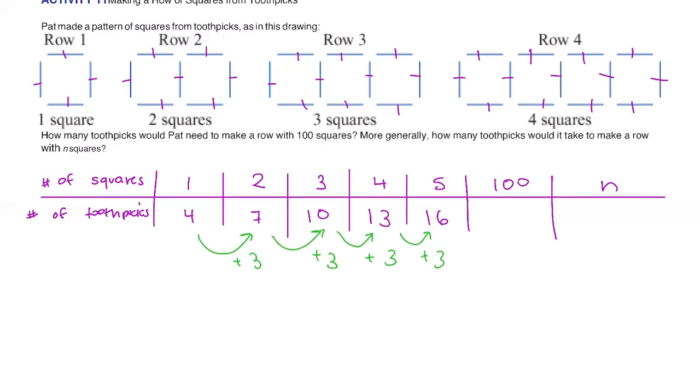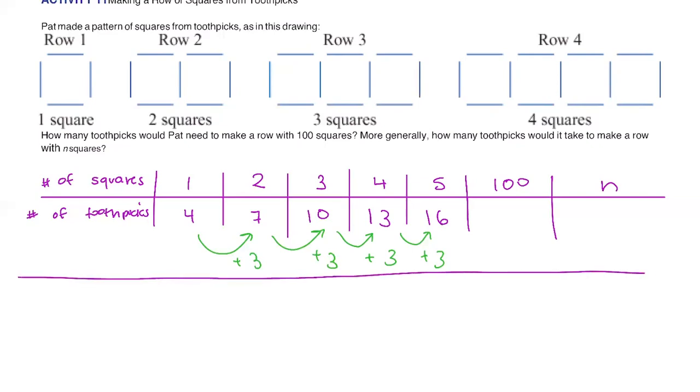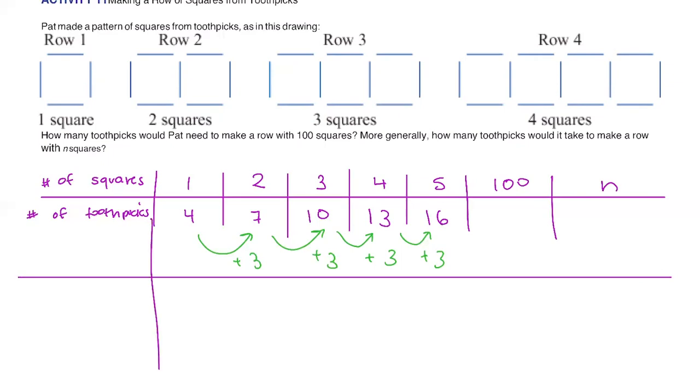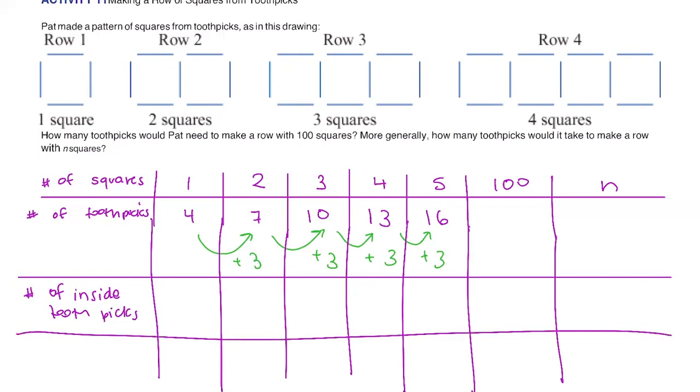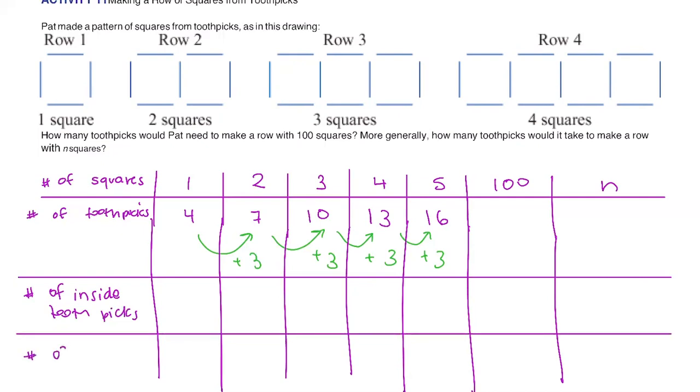So I'm going to erase all these little tick marks that I put on the squares and on the little toothpicks, and think about the inside toothpicks and the outside toothpicks. So I'm going to add on to this chart I have here, just extend these lines. So we have number of inside toothpicks, and then the number of outside toothpicks.